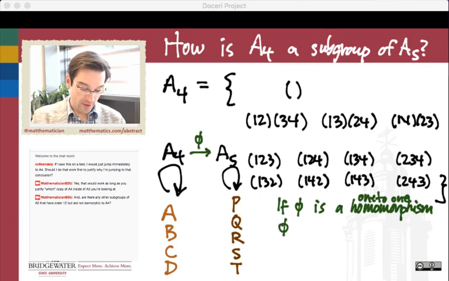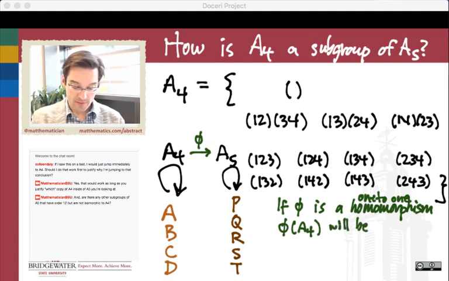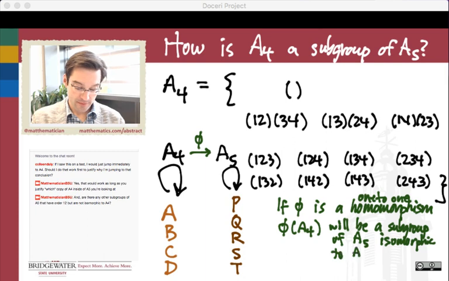And so, therefore, phi of A4 will be a subgroup of A5. And because of the 1-to-1 criterion here, that subgroup will be isomorphic to A4.